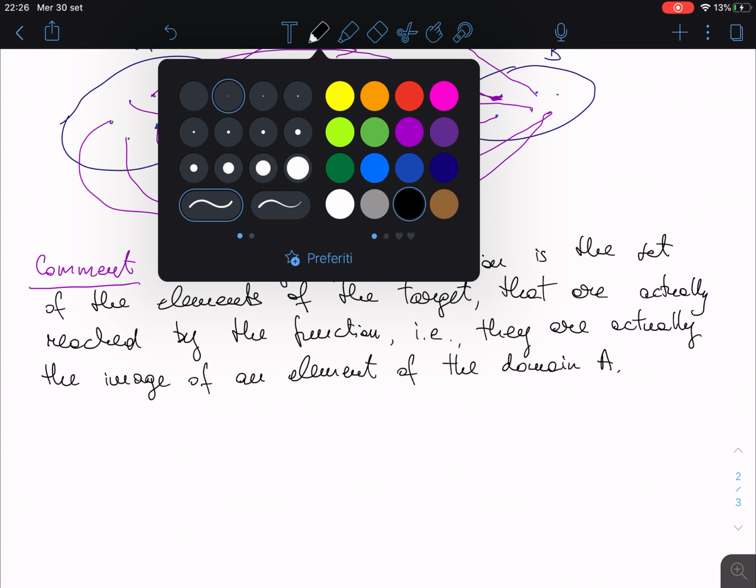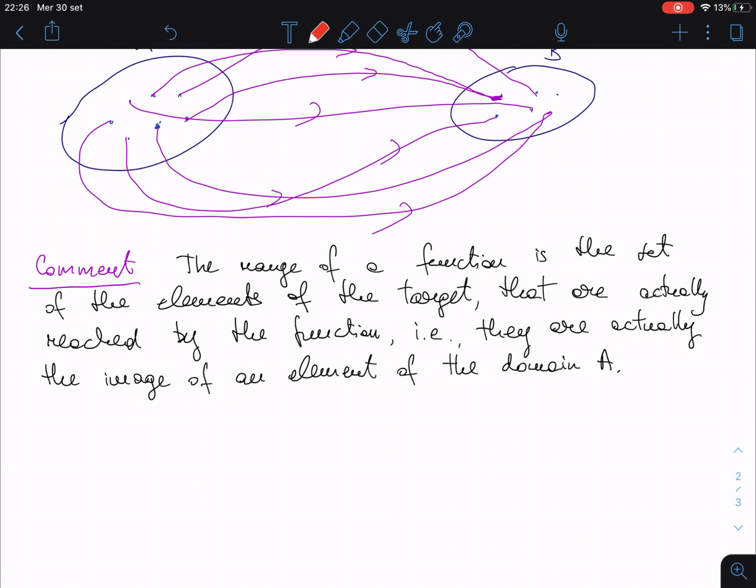So, let me try to do some examples, not mathematical examples. The first example is the following.